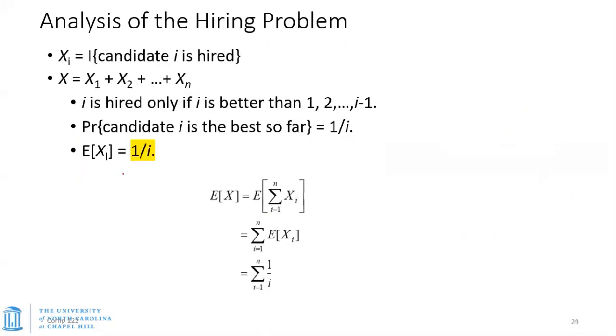As you can see, we've already said that the probability that the best candidate is i so far is 1 upon i.